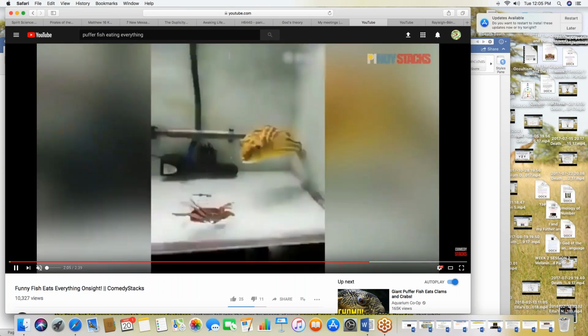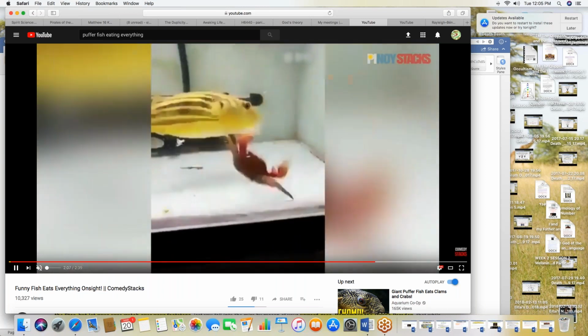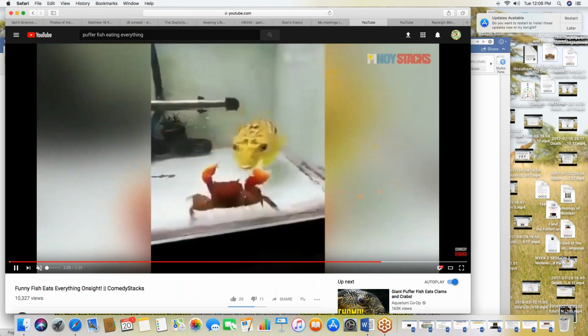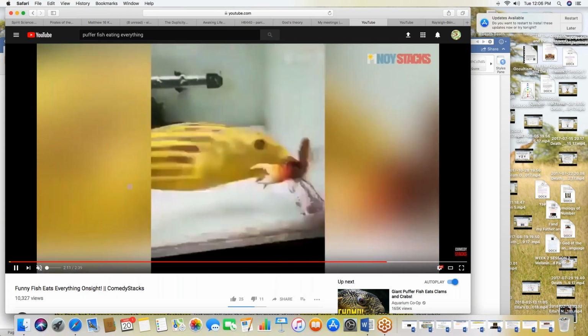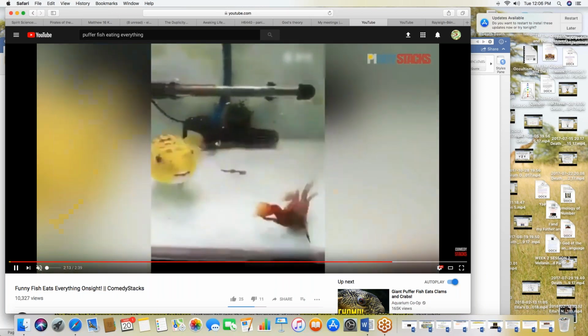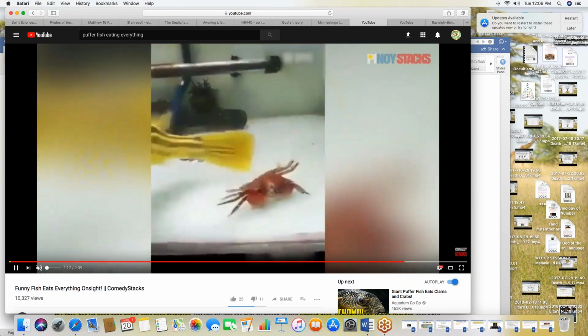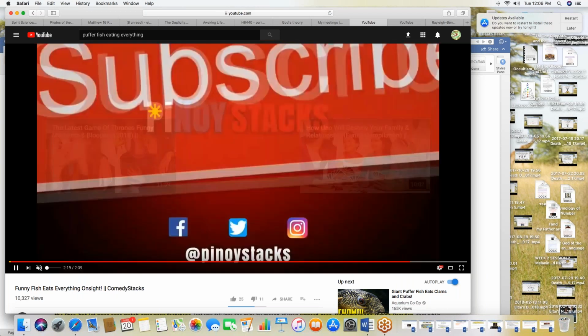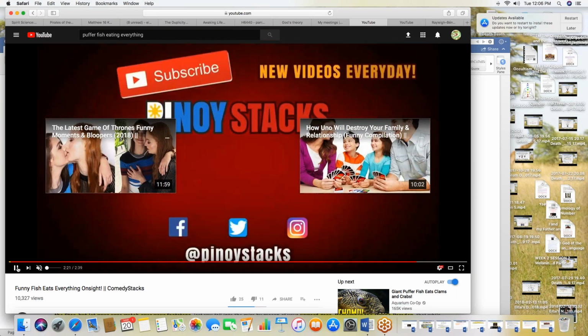Scorpion. No, it's a crab. Crab trying to defend itself. Are y'all with me?